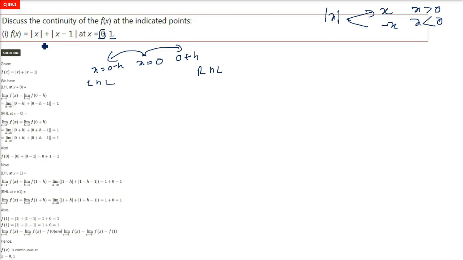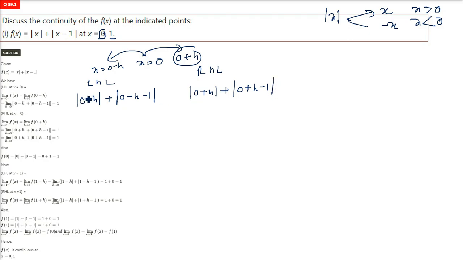So mod of (0 − h) plus, in place of x, (0 − h) minus 1. Coming to the right hand limit, place 0 plus h in place of x. So mod of (0 + h) plus (0 + h) minus 1.